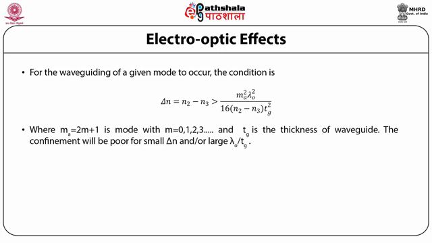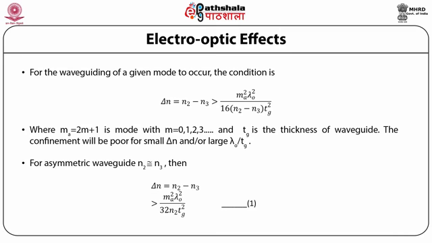Tg is the thickness of the waveguide. The confinement will be poor for small delta N and or large lambda naught by Tg. For an asymmetric waveguide, N2 is approximately N3, then delta N equal to N2 minus N3 greater than Ma square lambda naught square divided by 32 Tg square.